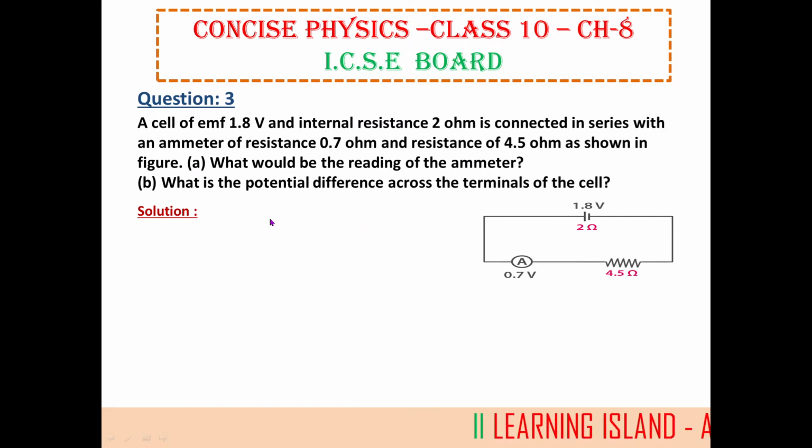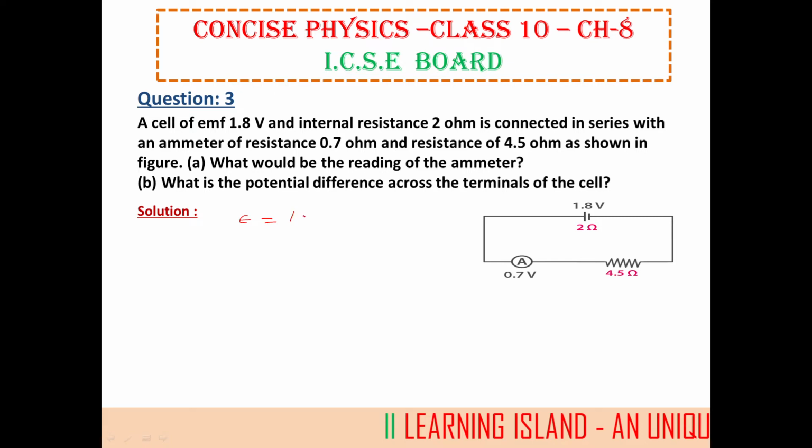Again, write down the given data, so the problem gets easier for you. A cell of EMF 1.8 volt. So again here E equal to EMF equal to 1.8 volt, and the internal resistance, that is small r, equal to 2 ohm, is connected in series with the ammeter of resistance 0.7.